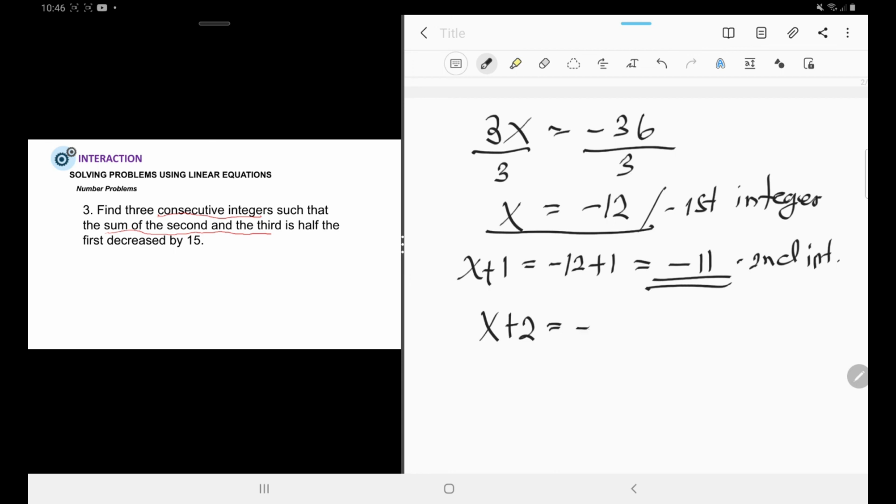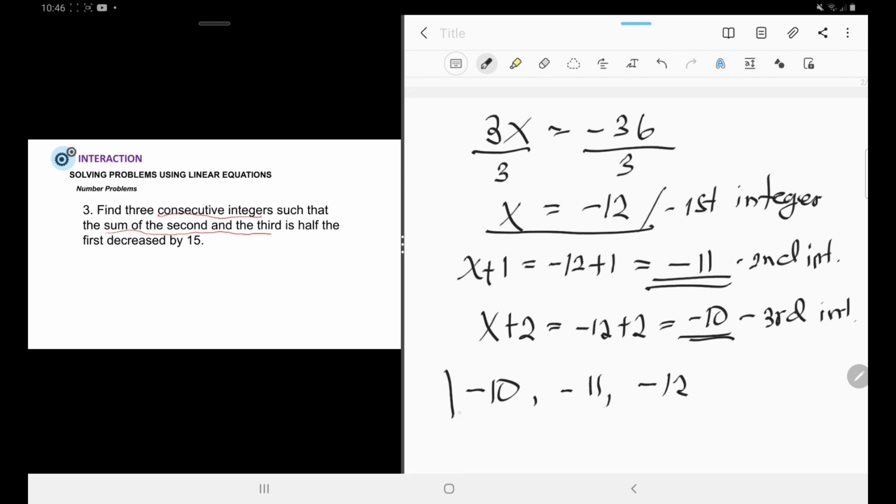So that's equal to negative 12 plus 2 equals negative 10. So this is the third integer. So therefore, the three consecutive integers are negative 10, negative 11, and negative 12.